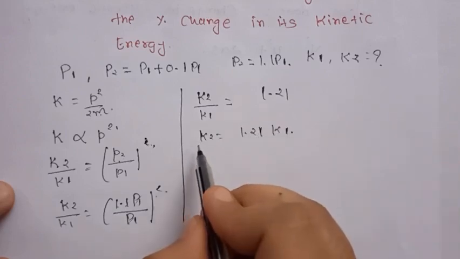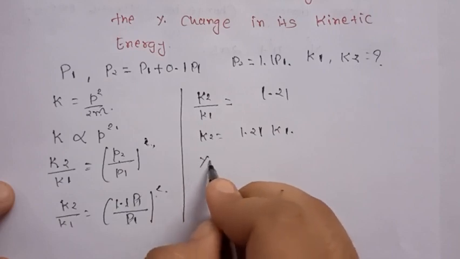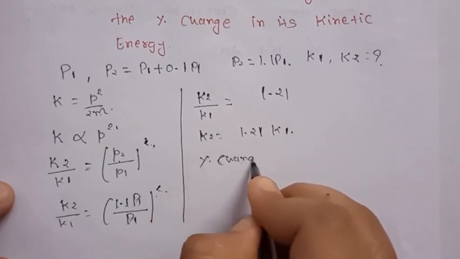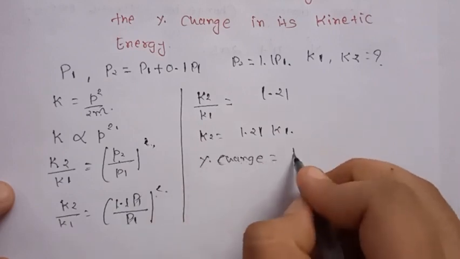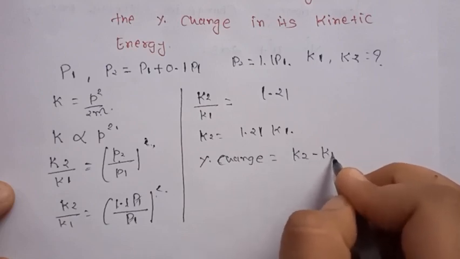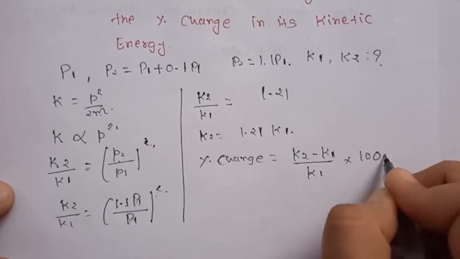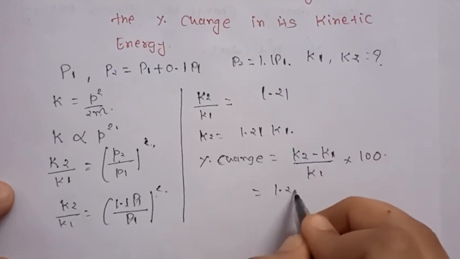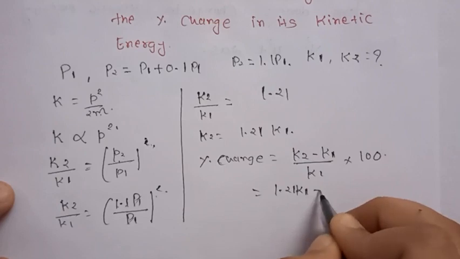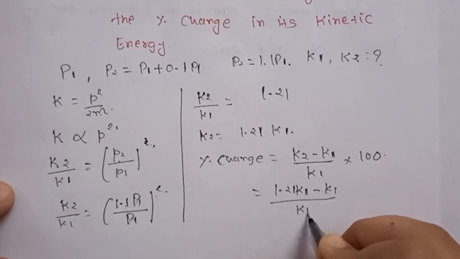Now the percentage change is equal to final value minus initial value upon initial value into 100. So 1.21 K1 minus K1 upon K1 into 100.